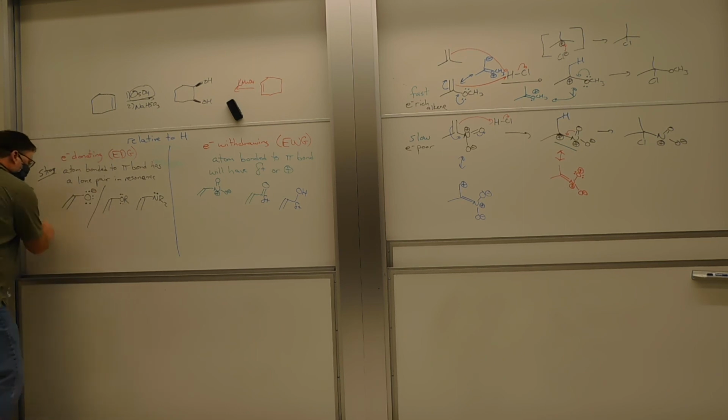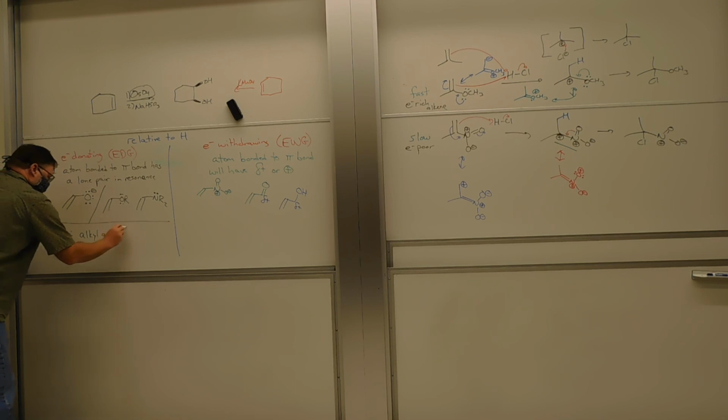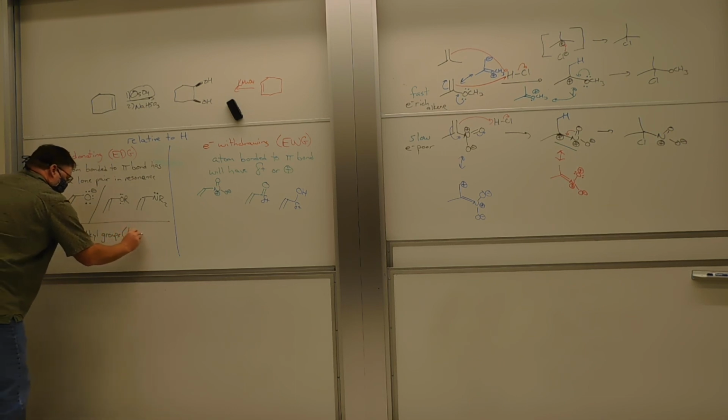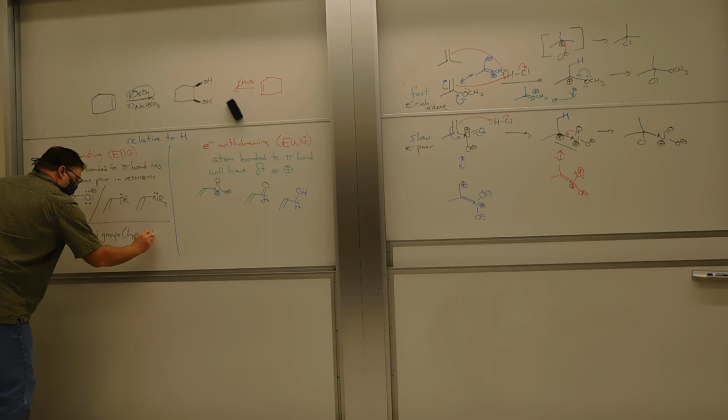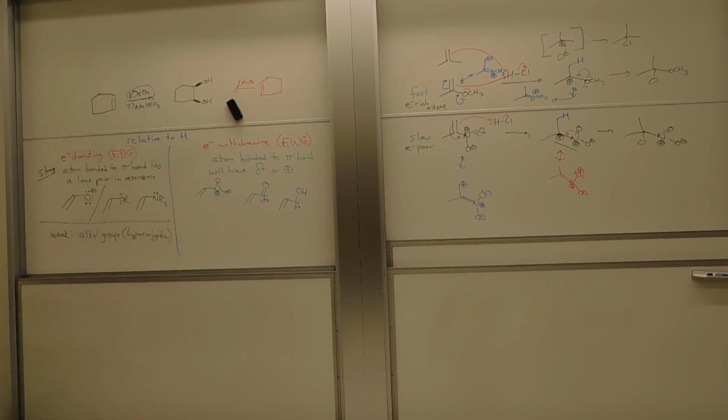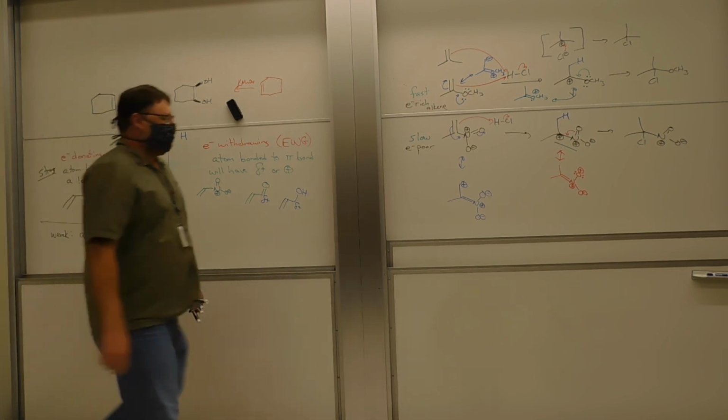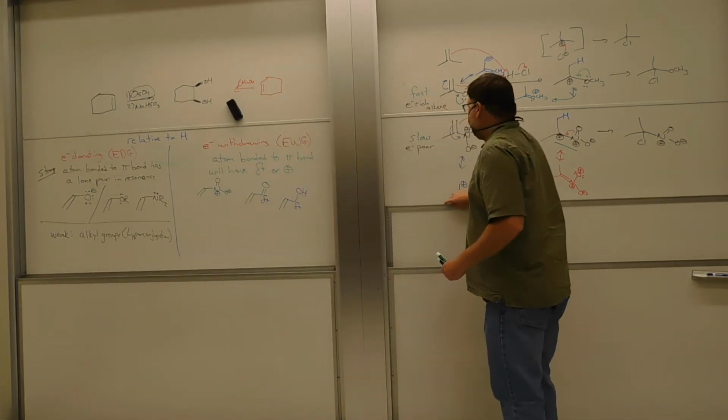On the other hand, we also have weak electron donors. And this would be any alkyl group. Right? This goes by hyperconjugation. We talked about hyperconjugation back when we did cations.